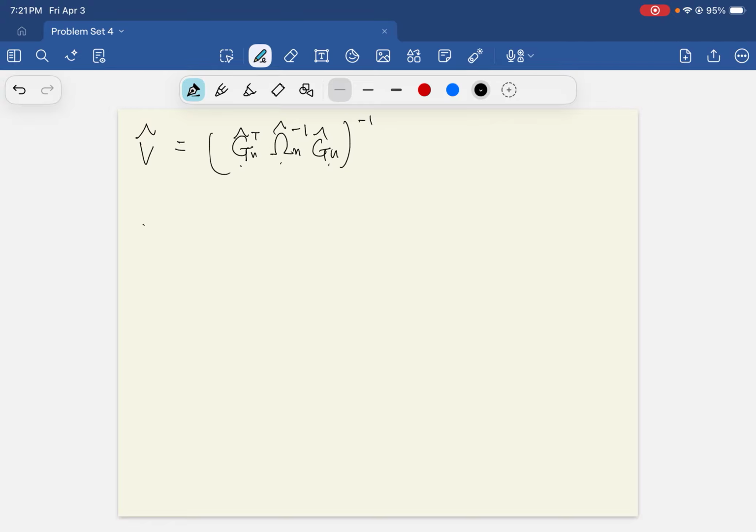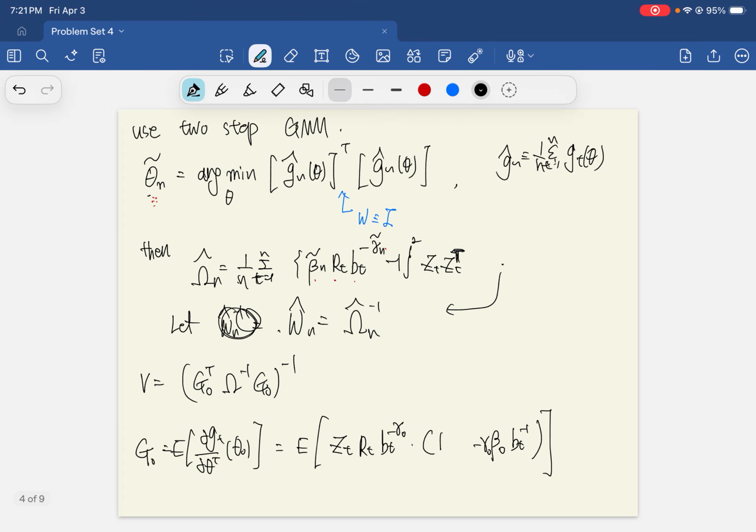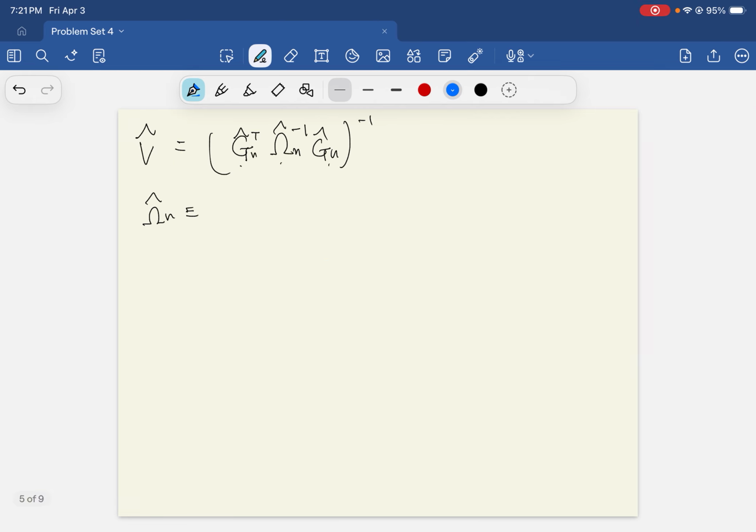They are easy. Let's think about omega hat n. By the way, here, let me change the notation. I'm going to write it as omega tilde. Omega tilde uses gamma tilde and beta tilde. They are from the preliminary first step estimation, okay? But now, when you calculate the variance, you may use just the final estimator, beta hat, instead of beta tilde.